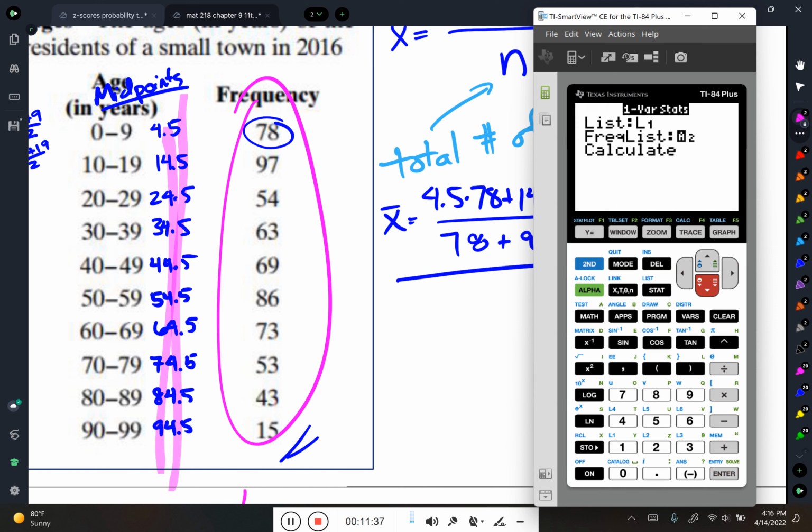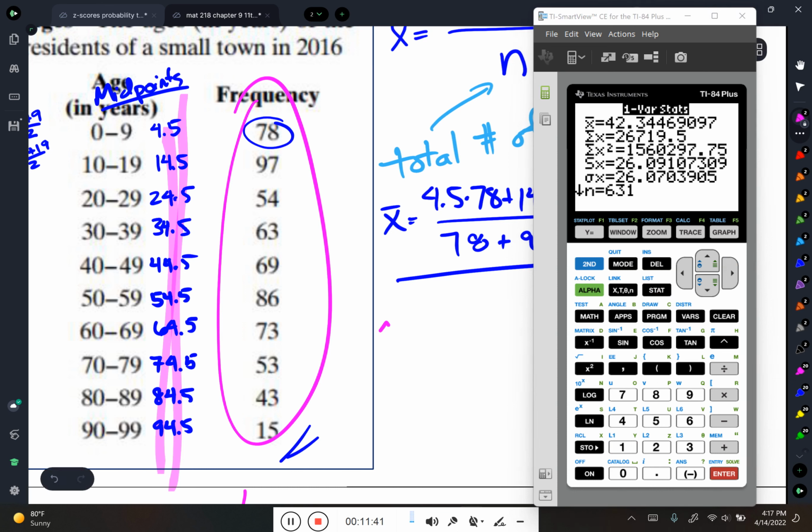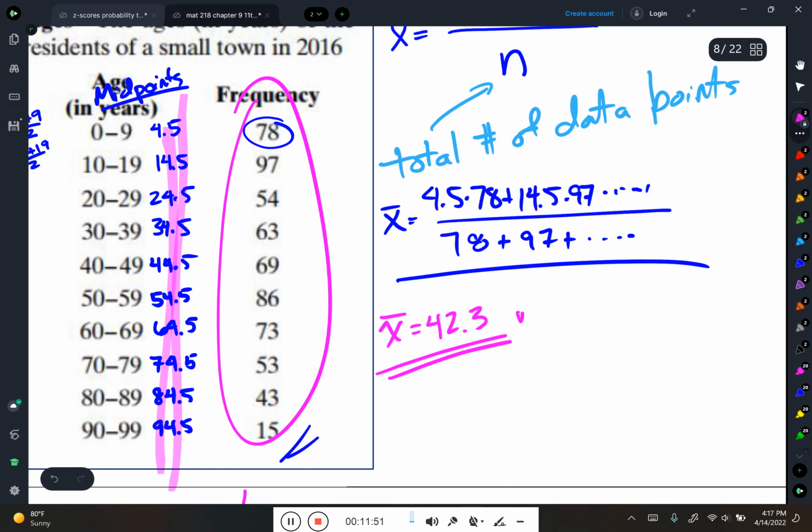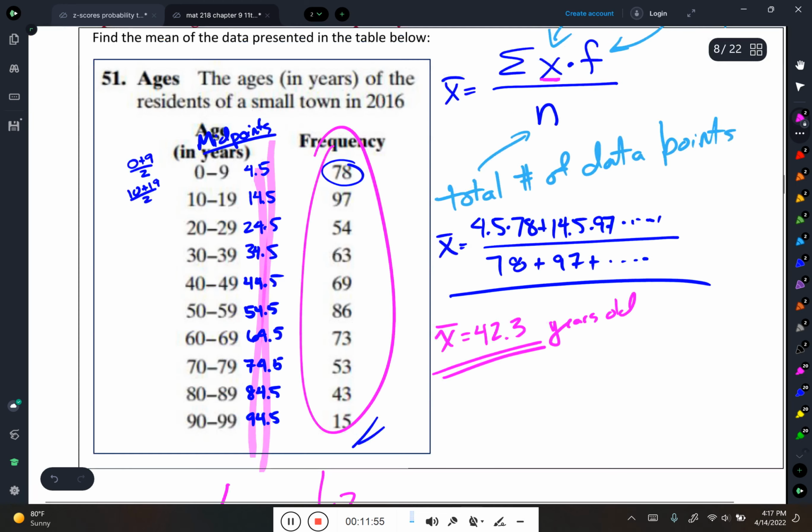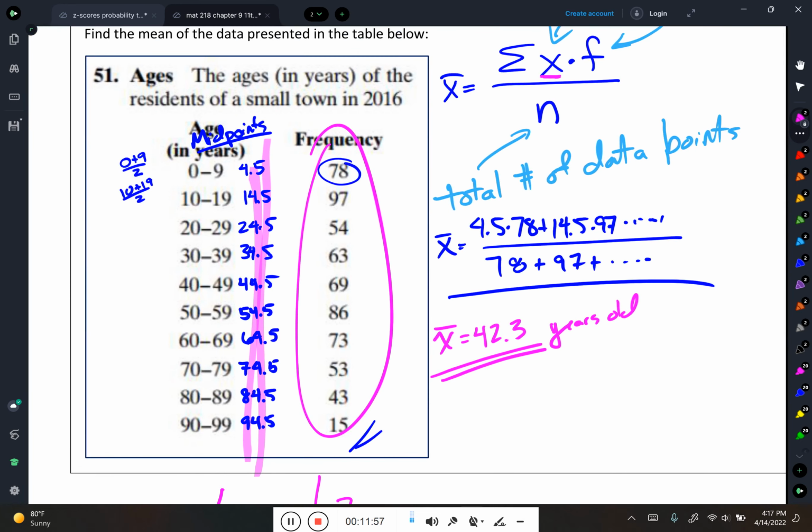My frequencies are in list 2. Please calculate. And I get that the mean of this data set is approximately 42.3. These are years old, because I think we're talking about a town here. So the mean of the ages of the people in the town is about 42.3.